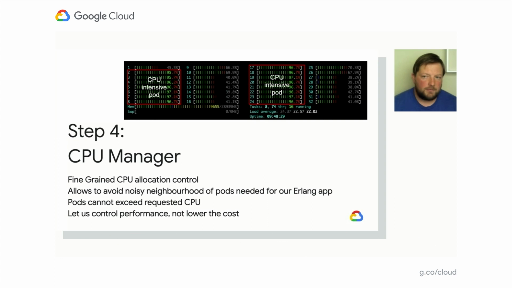The flip side of CPU Manager is that pods cannot exceed their requests and are effectively sandboxed in terms of CPU capacity. For our Erlang systems, that's exactly what we wanted.